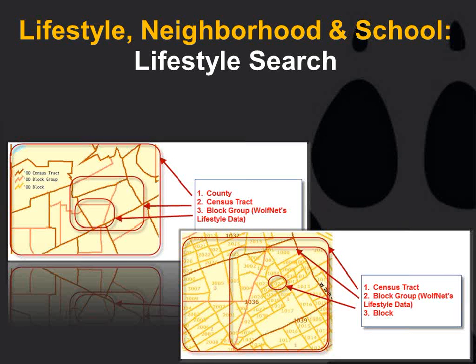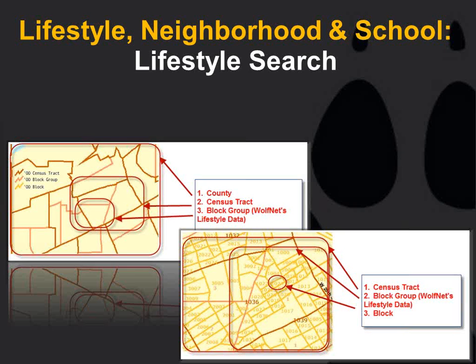To give you a little perspective on how accurate the data is, I've got a couple of screenshots to illustrate. The image on the left shows 3 layers. The outer box represents a county, and within that county are multiple census tracts, noted by the middle box on the image. And then a census tract consists of multiple block groups, which is highlighted by the inner box.